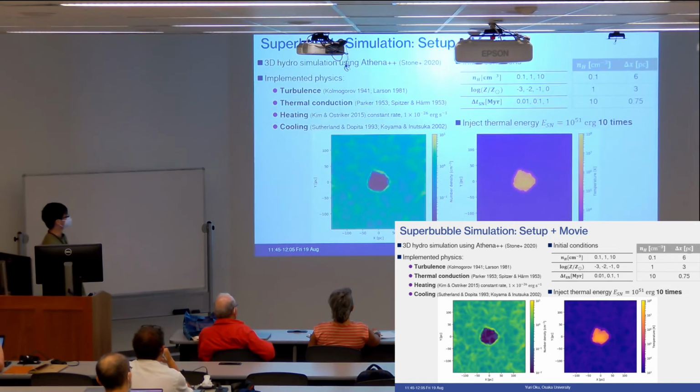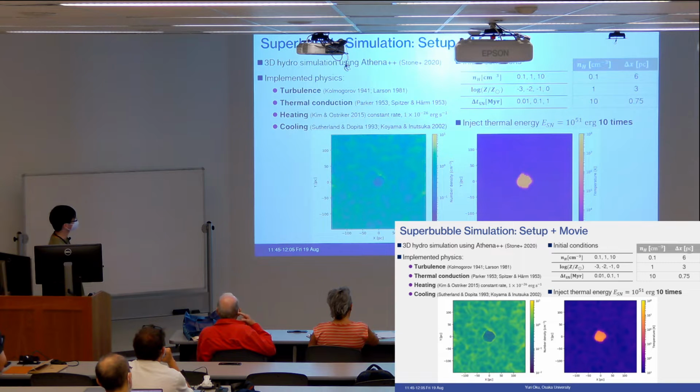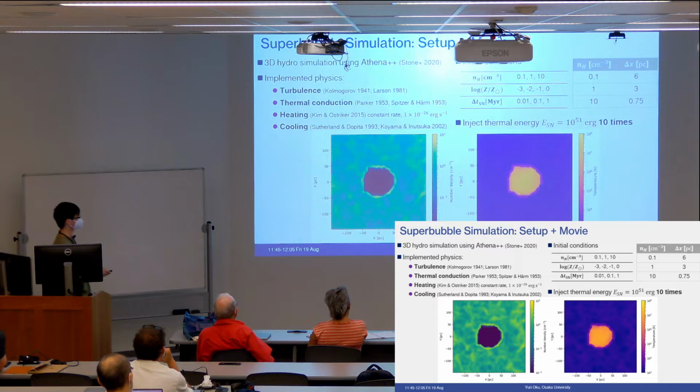So that's the basic analytic theory. Here I show my numerical experiment using the Athena++ code. We ran 36 simulations changing density, metallicity and the time interval of supernovae. We inject thermal energy 10 times at the center of the simulation box.